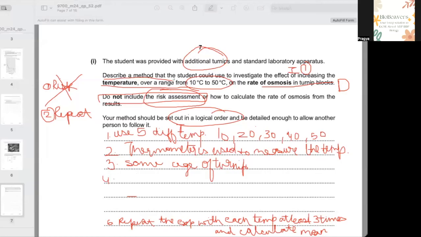So they say that they describe a method to investigate the effect of increasing temperature on the turnips. So we cut equal size turnip pieces.